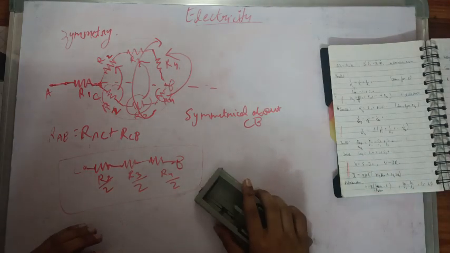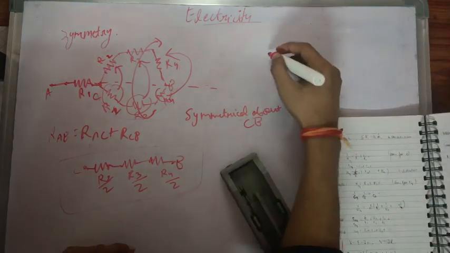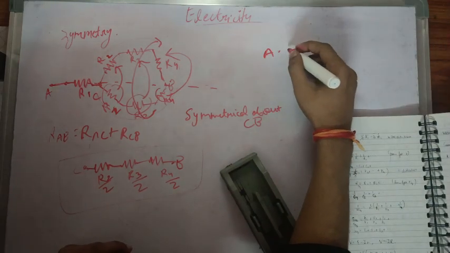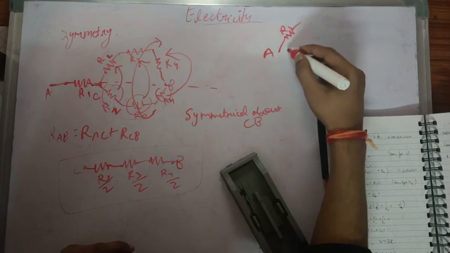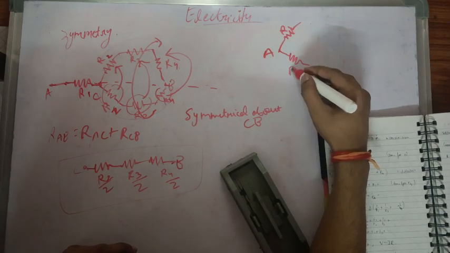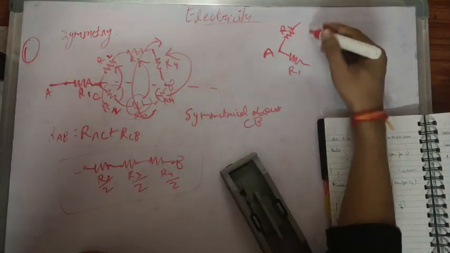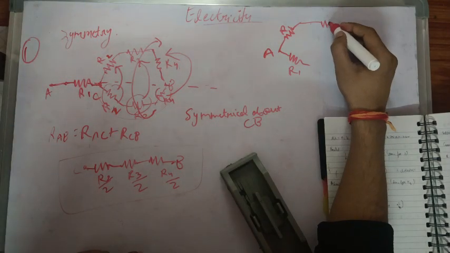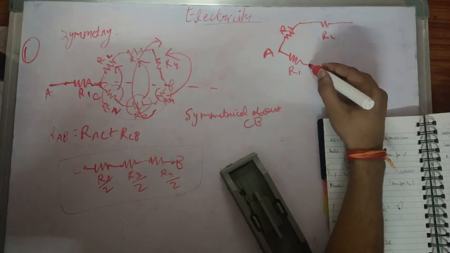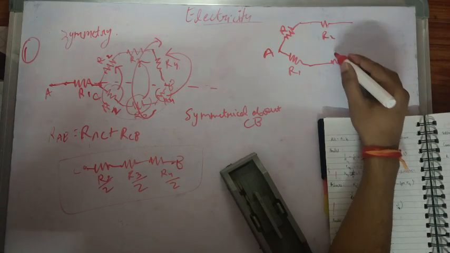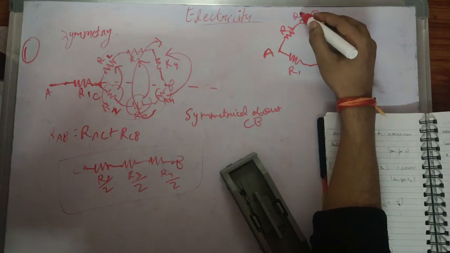Now I can take another case. Let's say there is a point here. This is a resistance R1. This is another resistance R1. This is the first case I am talking about. This is, let's say, R2. This is R2. This is R3.